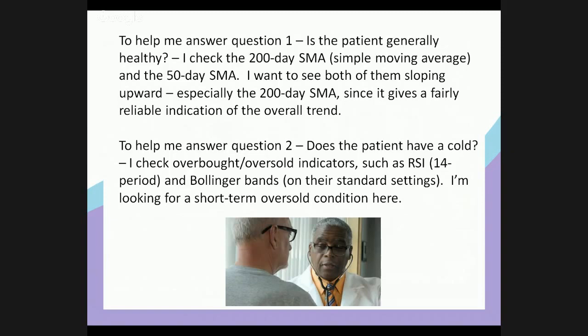To help me answer question 2, does the patient have a cold? I check overbought/oversold indicators such as the 14-period RSI and Bollinger Bands on their standard settings. I'm looking for a short-term oversold condition here.